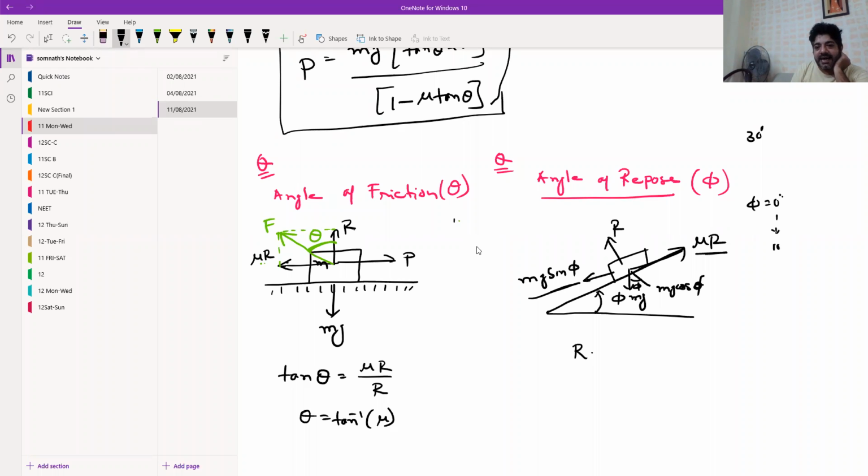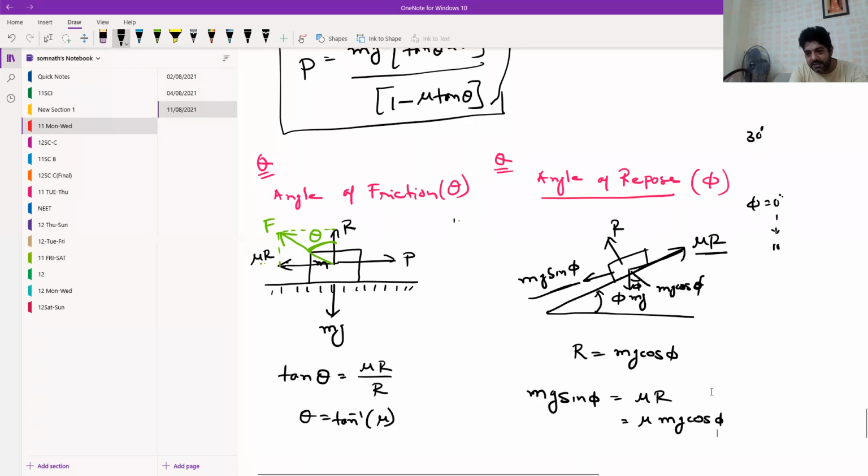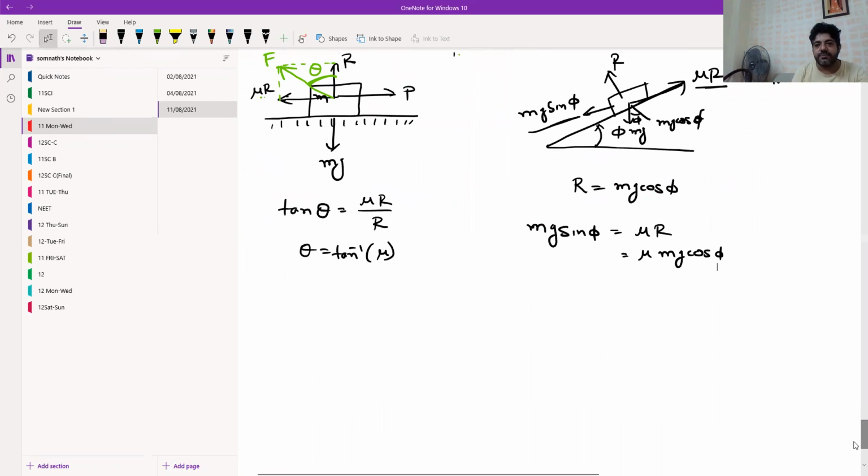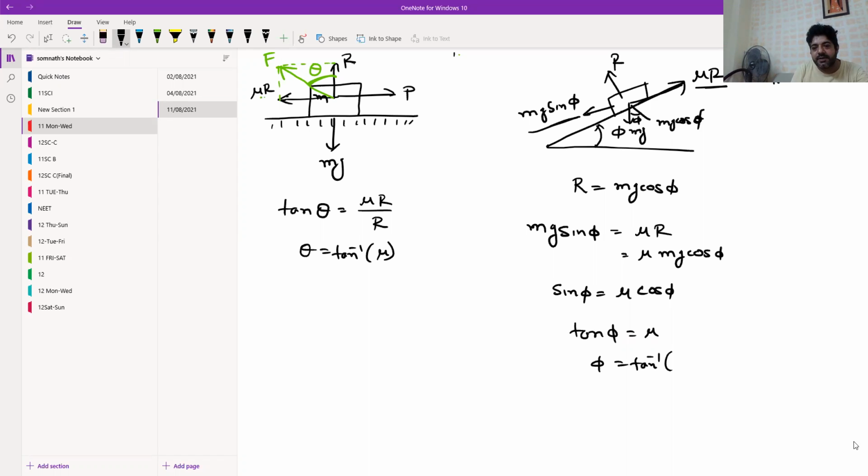First of all, I can say R is equal to mg cos phi. This is the first thing. Second thing is that mg sin phi, downward force, that is μR, that is μ mg cos phi, and from that I can say this mg cancels, so sin phi is μ cos phi, so tan phi is μ, phi is tan inverse μ.